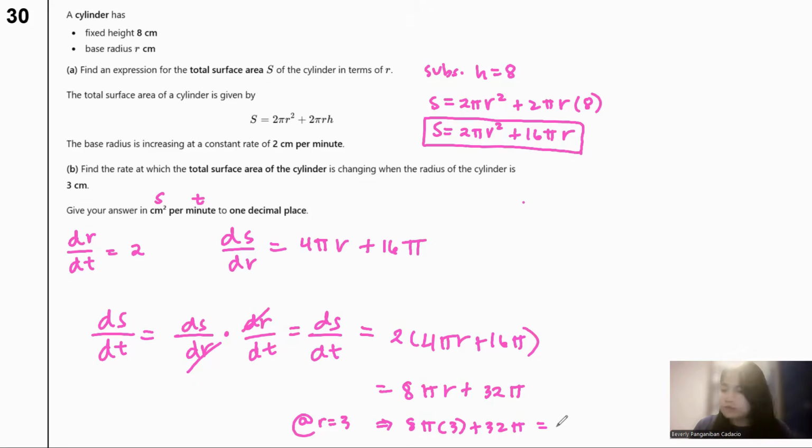The answer will be 56 pi, but we need to follow the given, which is 175.9 centimeters squared per minute. That's the rate of change of the surface area. Take note of that. And that's it.